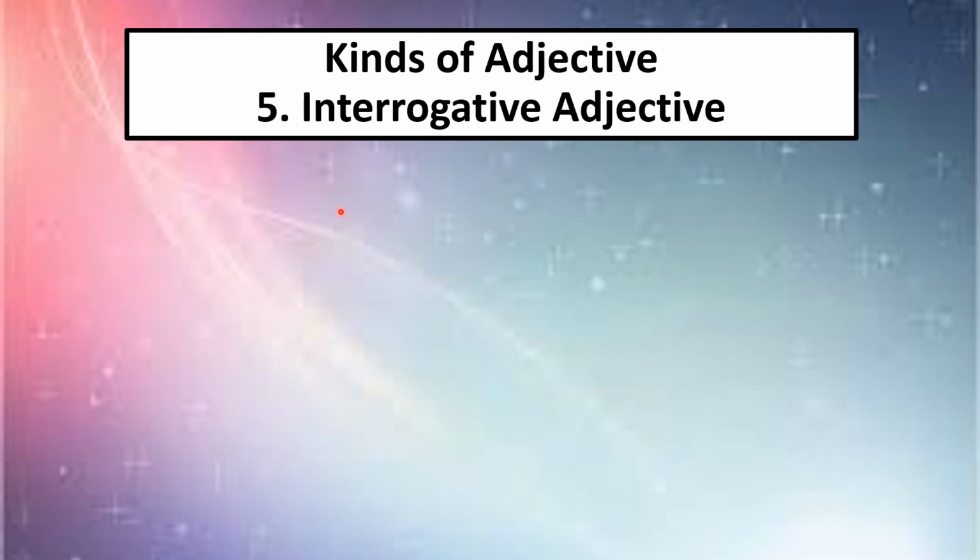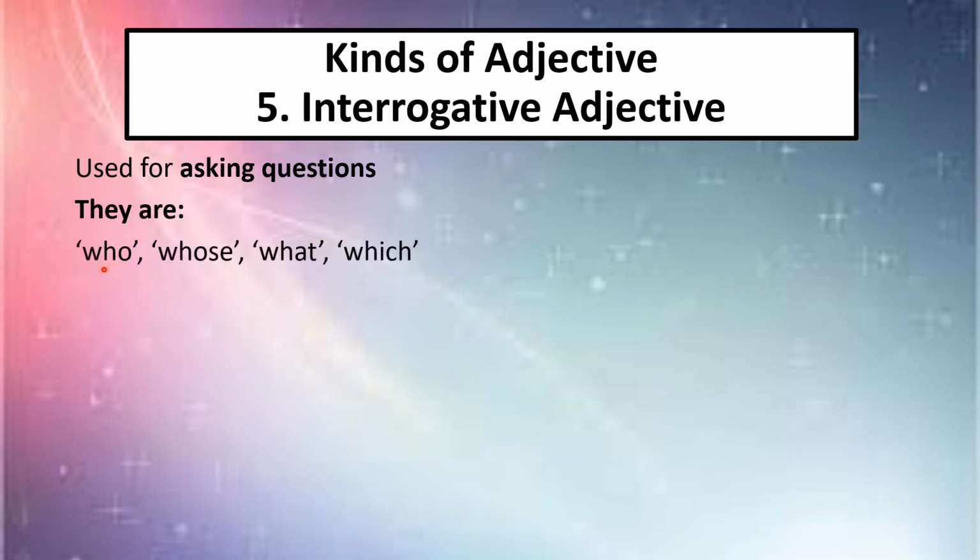Let's move on and talk about interrogative adjective, which is also a very easy concept. The name mentions and shows the concept, which is that the interrogative adjectives are used for asking questions. They are who, whose, what, and which.